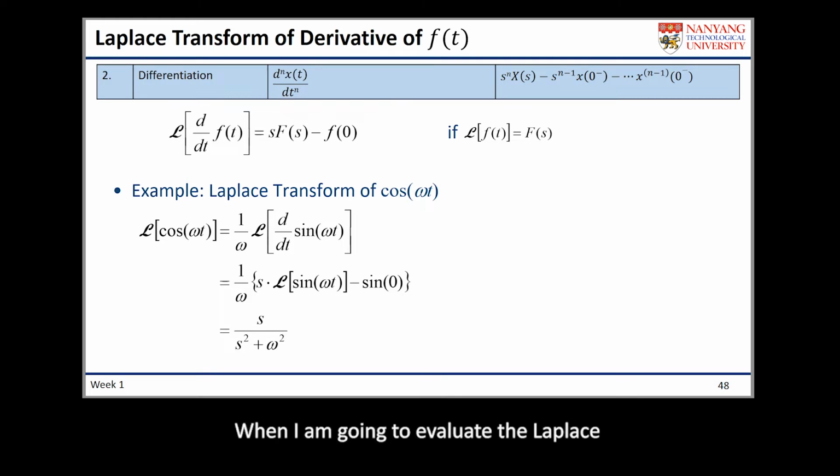When I evaluate the Laplace of the first derivative of f, that means n is equal to 1 because it's the first derivative. So if n is equal to 1, then I just simply have to substitute 1 for all of the n's in this Laplace counterpart in the differentiation property.